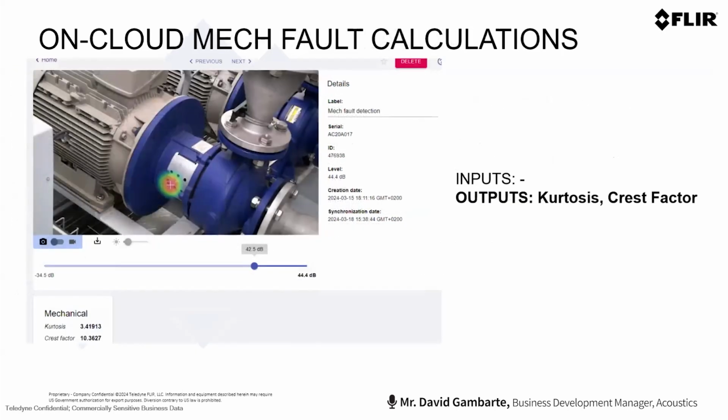Now we're talking about on-cloud calculations for MEC mode. As you know, MEC mode so far gives kurtosis and crest factor, which are data that give you an estimation of, let's say, severity.